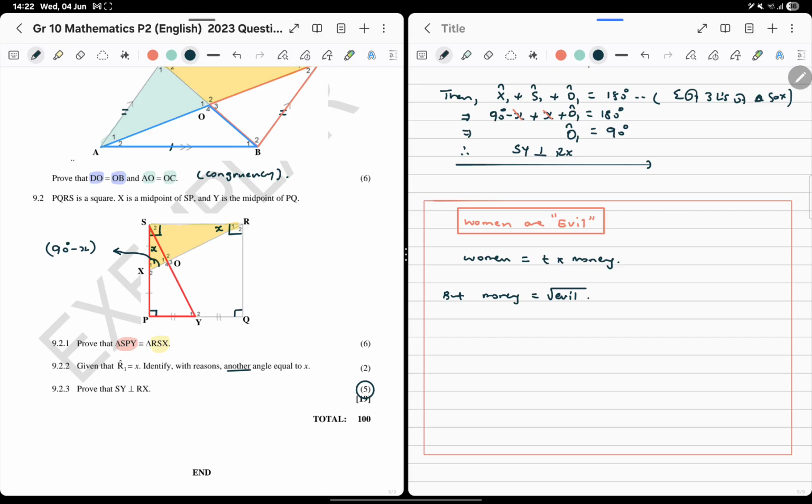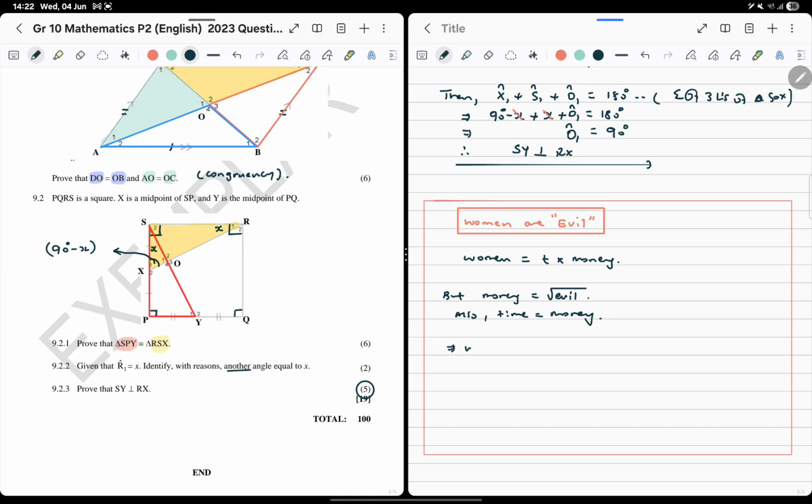We need to think about this, our lovely women. By the way, there's two things. We know that money is the root of all evil. At the same time, we know that time is money.